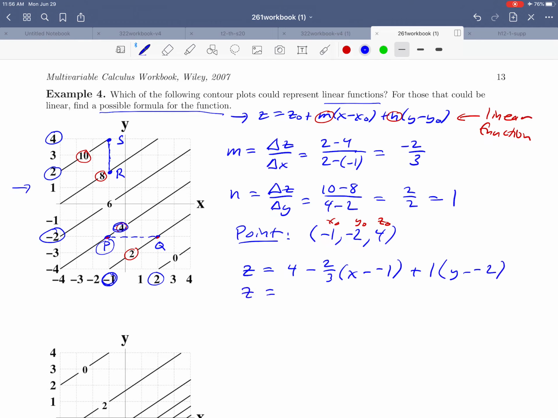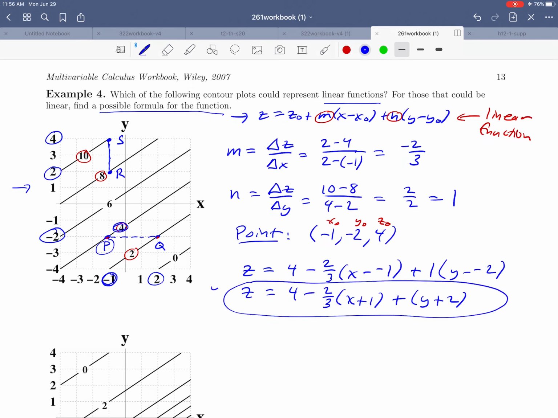If we simplify that, we can rewrite it as 4 minus 2/3 times x plus 1, plus 1 times y plus 2. And there's our answer.